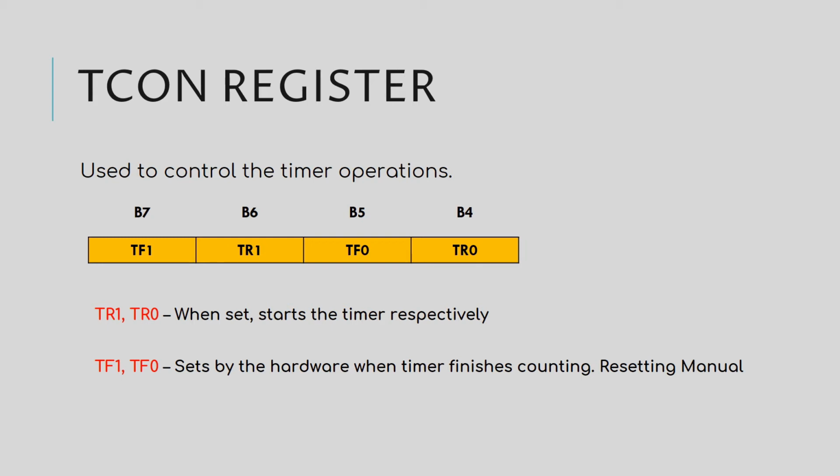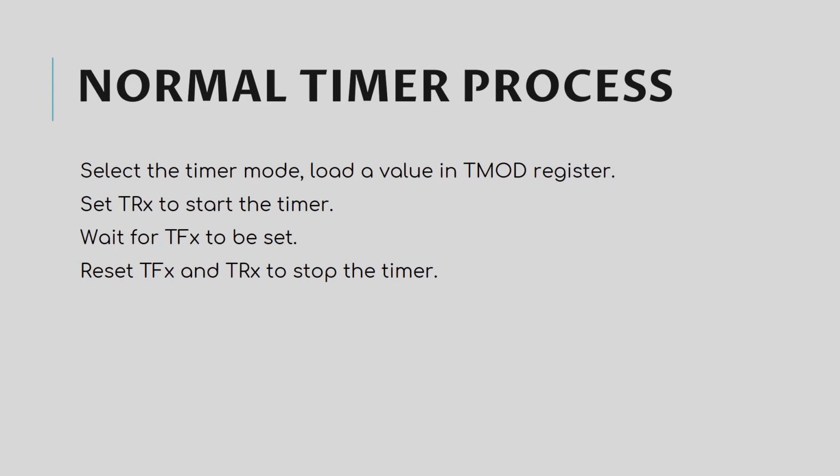We have to read it. When timer 1 reaches its max value, then TF1, this bit will automatically be 1. And we have to read that value. We have to incorporate a manual operation to reset that value, because 8051 hardware does not reset the value automatically. So we have to manually, or you can say in program, we have to reset this bit. So this is the operation for TCON register.